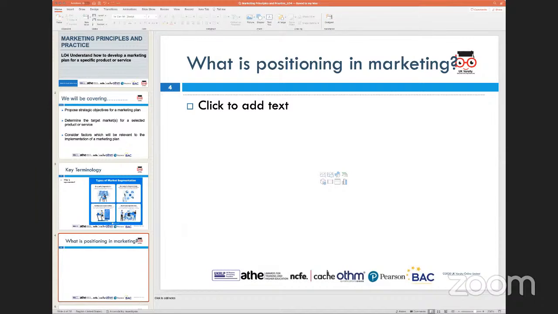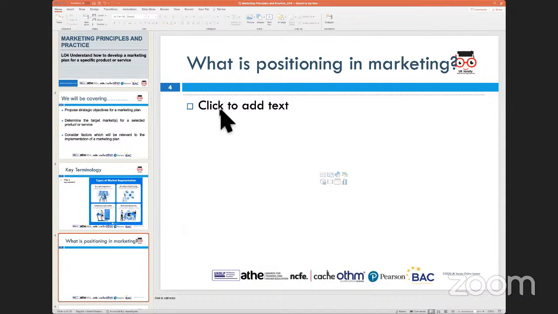So if you have to respond to what positioning in marketing refers to, it is the strategic process of creating a distinct image and identity for a product or a brand in the minds of consumers relative to competing products and brands.